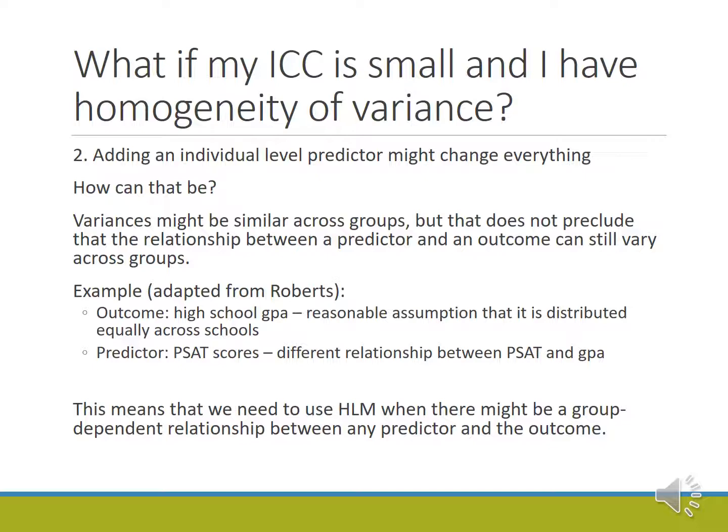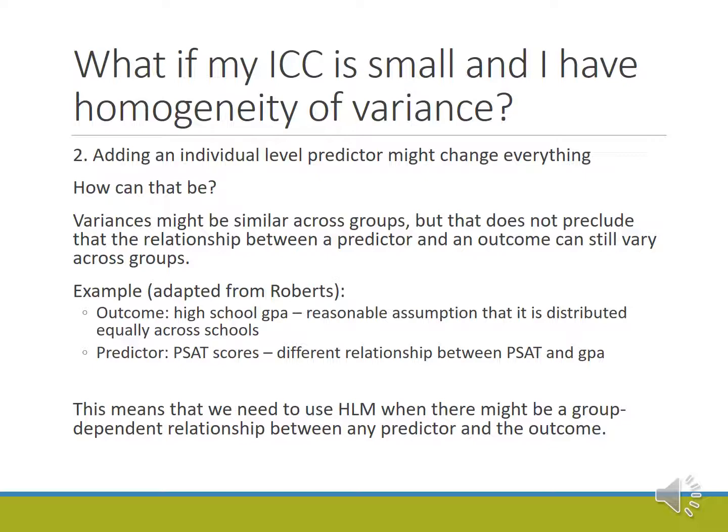There's a reasonable assumption that it's distributed equally across schools, and I would guess that you would find a small ICC and that across schools the variation is quite similar. With all the grade inflation and things like this, the best students in the schools have really high GPAs, and the worst students, things like that.